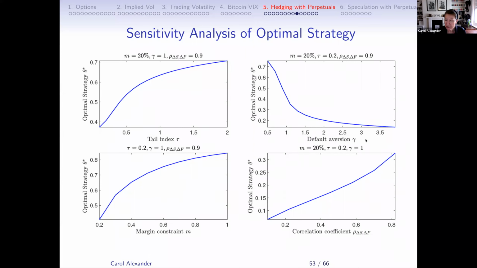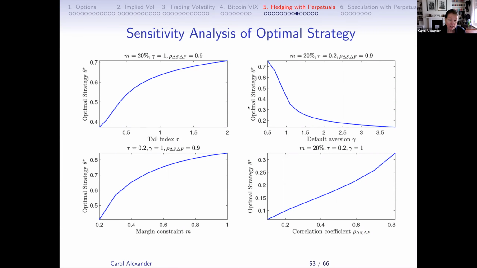The default aversion parameter, we look at it from 0.5 to 4, with a tail index of 0.2. The more averse you are to default, the less you are going to hedge for these fixed parameters.